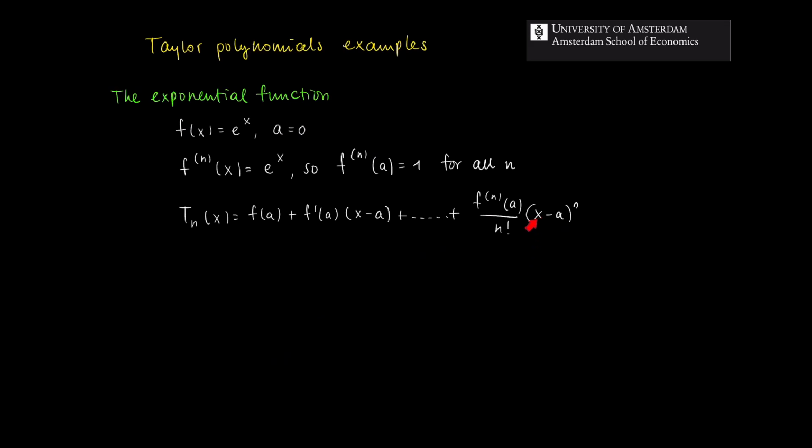And also we can simplify x minus a to x. So if we do that, then we get 1 plus x plus x squared divided by 2 plus x to the power 3 divided by 3 factorial, etc., until we get x to the power n divided by n factorial. And this is the Taylor polynomial for the exponential function.